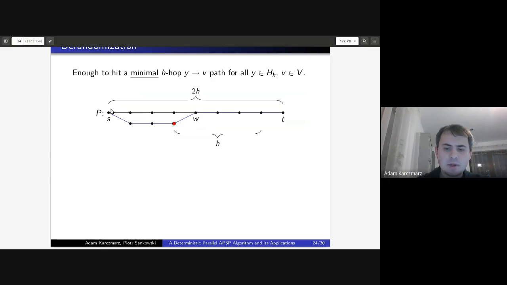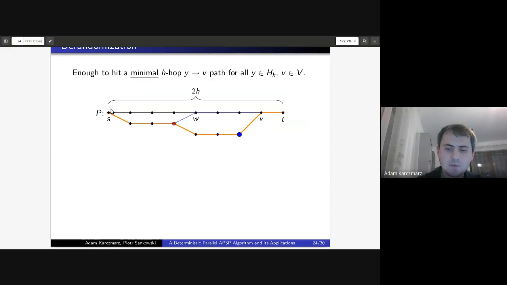Now consider this blue path and its H hop segment starting at the vertex Y. It is also a minimal H hop path by the minimality of the original path P. And so if we hit some minimal H hop Y to V path, like the green one, we also hit this whole orange 2H hop minimal S to T path.